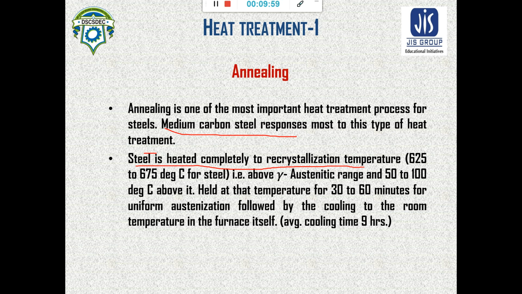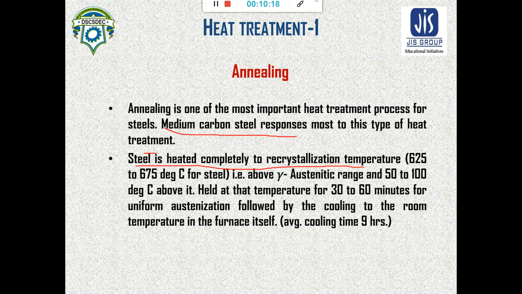At that temperature it is held for 30 to 60 minutes so that uniform austenization can be done, which is followed by cooling to room temperature in the furnace itself. So when the cooling is done in the furnace, the process is known as annealing.